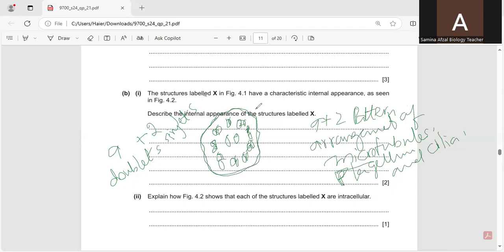This arrangement is called intracellular, so it takes place inside the cell. It is the intracellular arrangement because every one is wrapped in cell surface membrane.